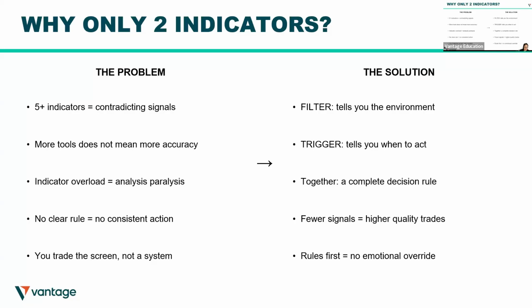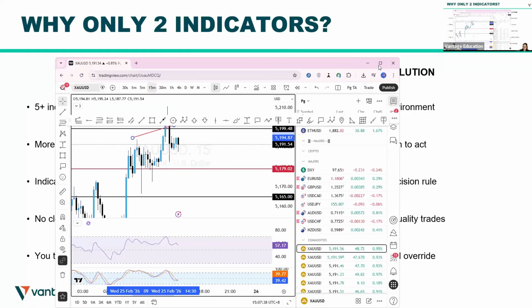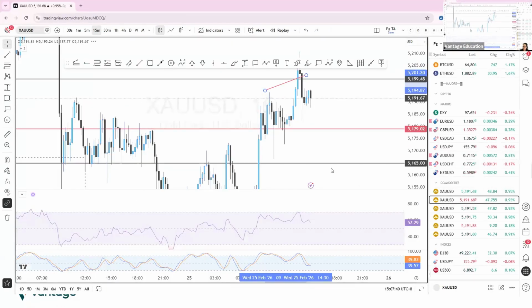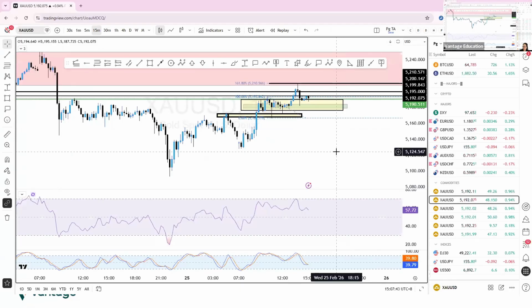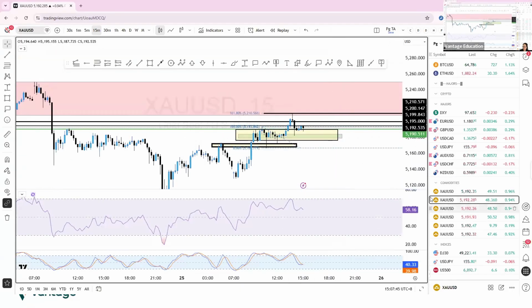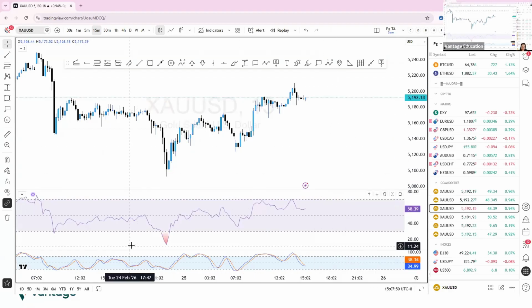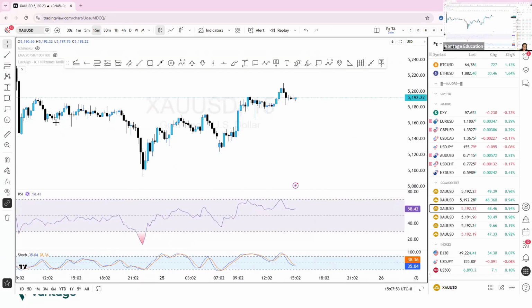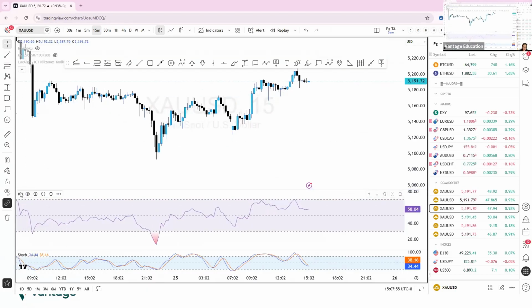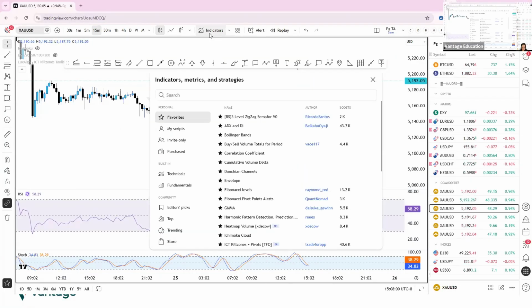Okay, let me just go over to the chart. If I want to put so many on, let's just say we use RSI, stochastic, and then the MACD.